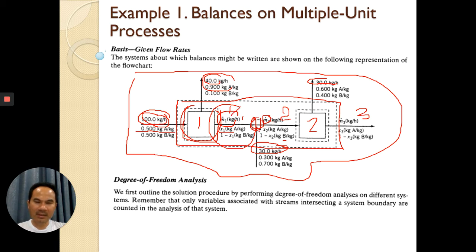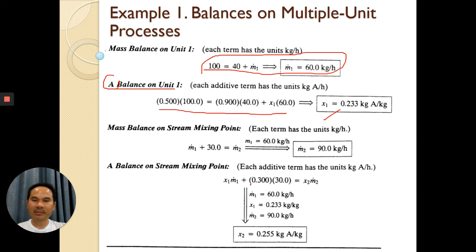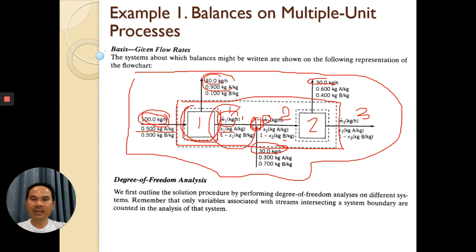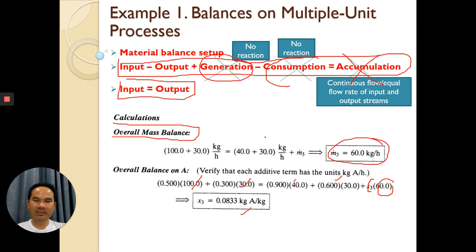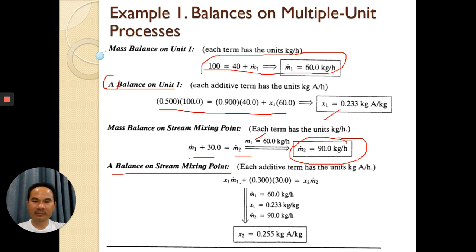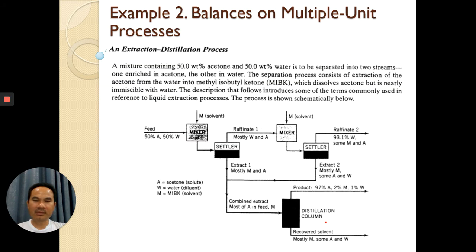M1 you know already, so you can solve for M2. And then you solve for the A balance. A input is X1 multiplied by M1 equal to X2 multiplied by M2. You know M1, you know M2, you know X1. You can calculate X2.